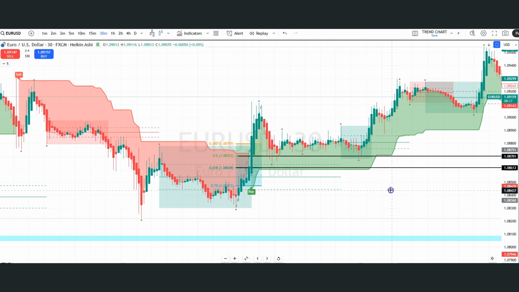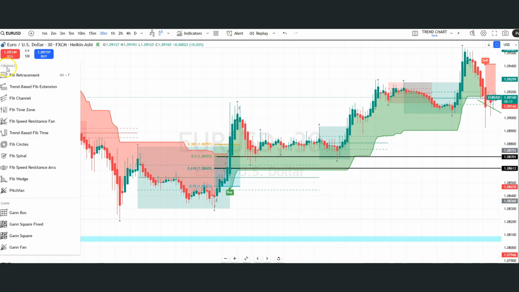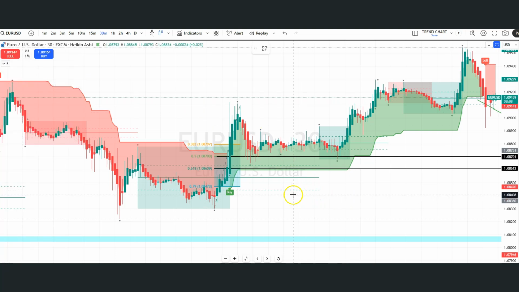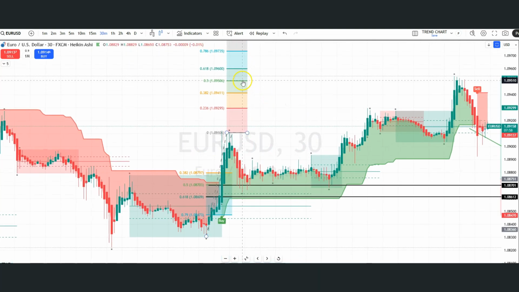Then the next thing I'm going to do is a 50% fib extension. This is this tool here, trend-based fib extension. You're going to do exactly the same thing. Take the bottom of this swing, flick it to the top of that previous swing high, and then you have your target, which is a Fibonacci extension of 109.50.